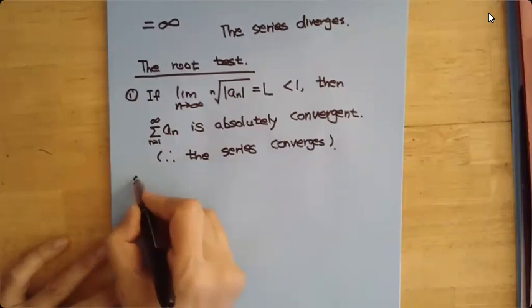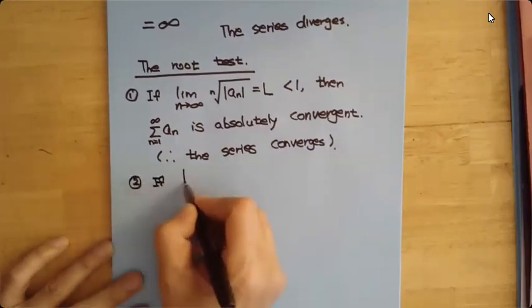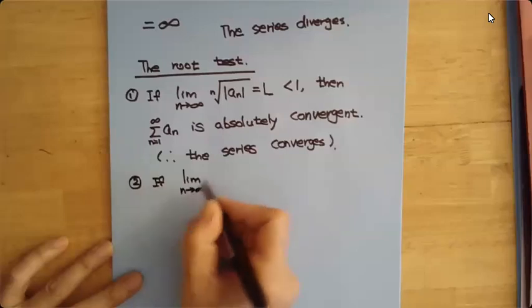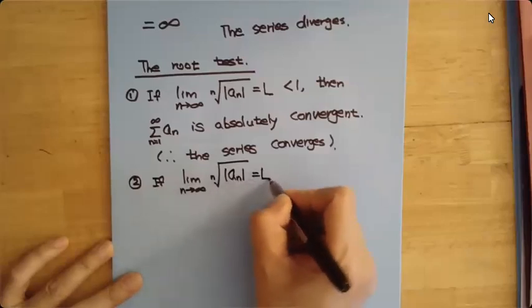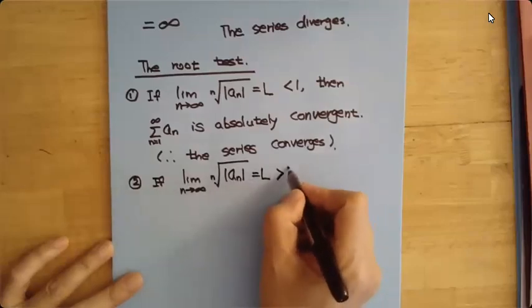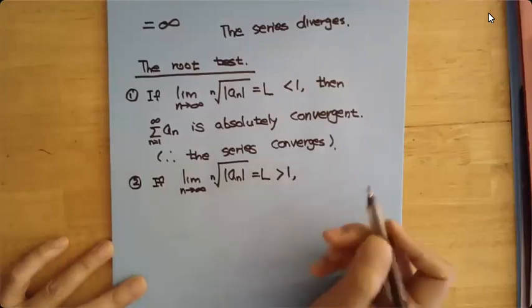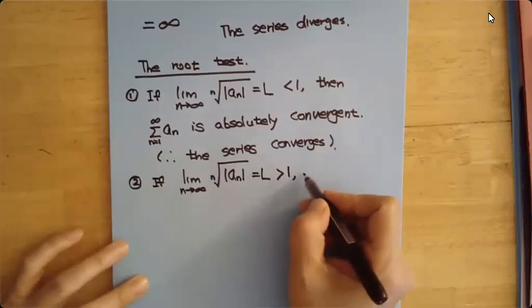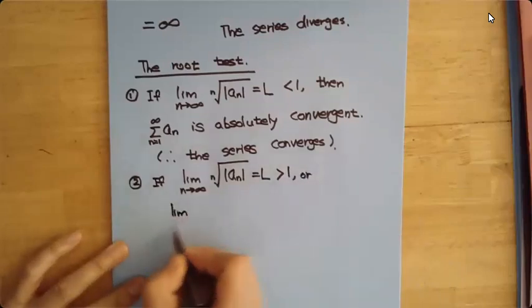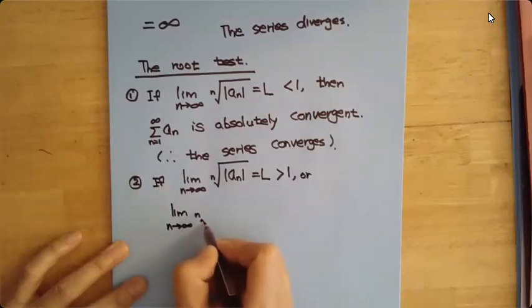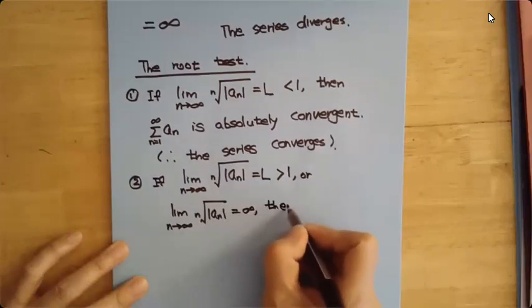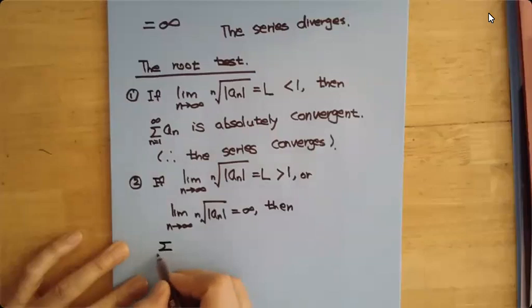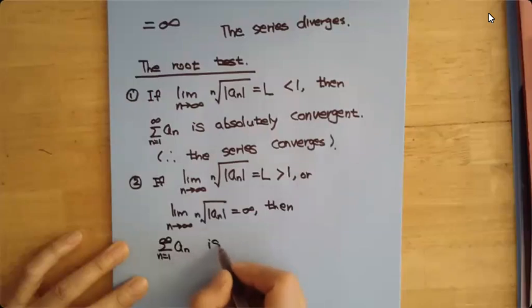The second one is if limit n goes to infinity, nth root of the absolute value of a_n equals L, and if that is greater than 1 or it diverges, then the summation n equals 1 to infinity of a_n is divergent.